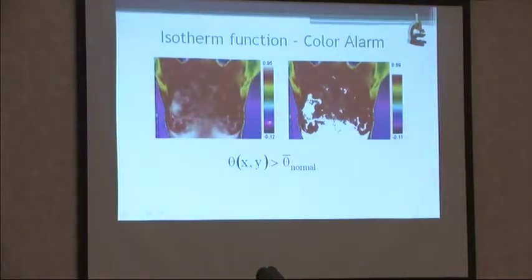Isotherm function is a color alarm, so you have a scale and you define a value, 0.8 for example, and everything in between becomes white in an isotherm. Isotherm is the same color in that range, so you can define a region of interest.